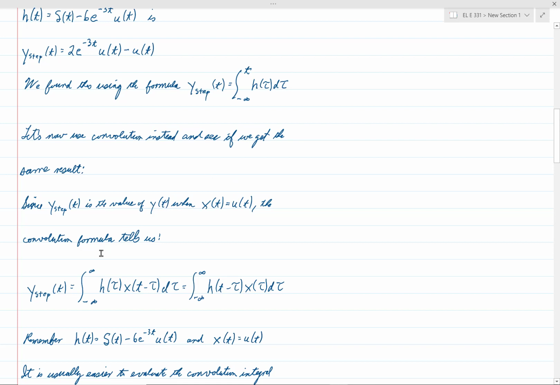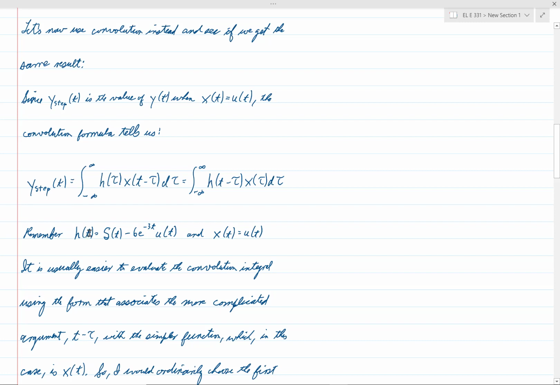So that means plugging in y step for y and plugging in u of t for x of t, so this is what we have right here. h of t is the impulse response, y step is playing the role of y, and u of t will play the role of x. Okay?